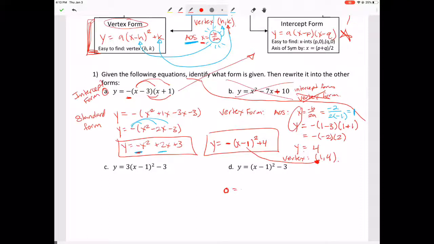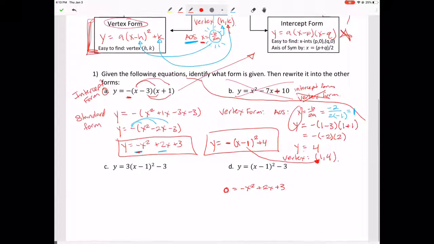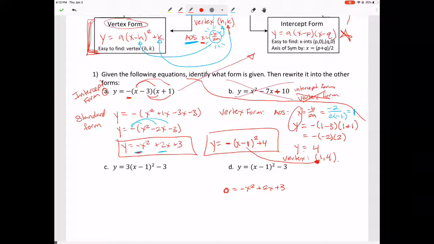Y equals negative x squared plus 2x plus 3. Okay, and so the thing is that if you have a leading negative, you need to factor it out, just like when we're doing factoring. So we'll take that out.